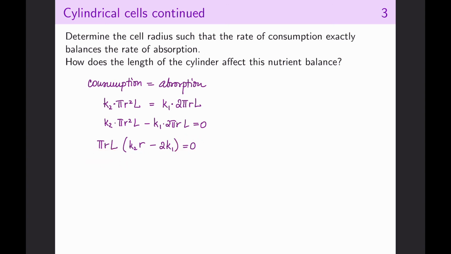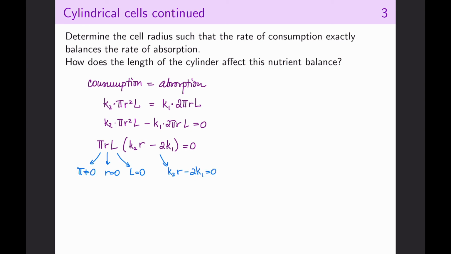If a product is ever zero, it means that one of the multiples that compose that product is itself a zero. So what that means here is either pi is zero, which of course is impossible. Pi, we know, is a number that is not zero, or r is zero, or L is zero, or this bracket is zero. So K2R minus 2K1 is equal to zero.